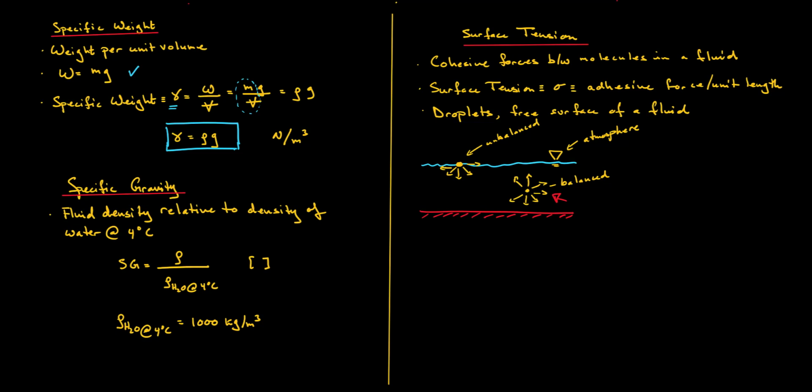So this particle here, inside the fluid, has balanced molecular forces. Whereas the particle at the free surface has an imbalance of forces, which causes the fluid at that interface to behave as a membrane.